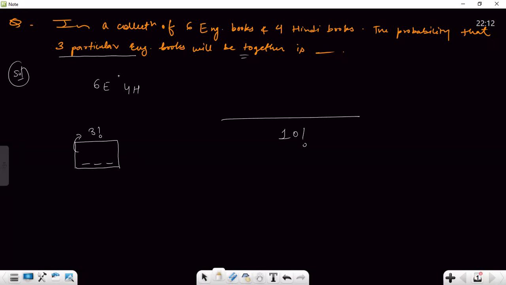This is a box having 3 particular English books. How many books are remaining now? If 3 English books are in the box, then 3 English books are remaining and 4 Hindi books are remaining. So how many total elements to be arranged? 4, 3, and this box is one element. 4, 3, 7 and 1: 8 elements are to be arranged.